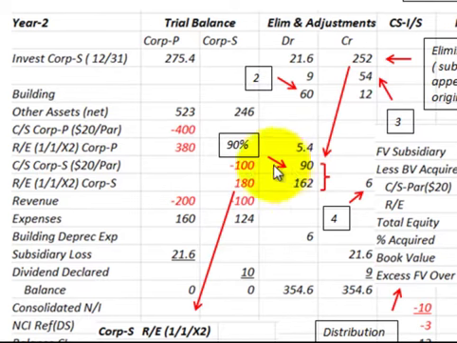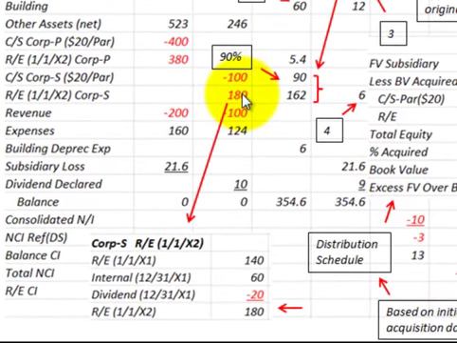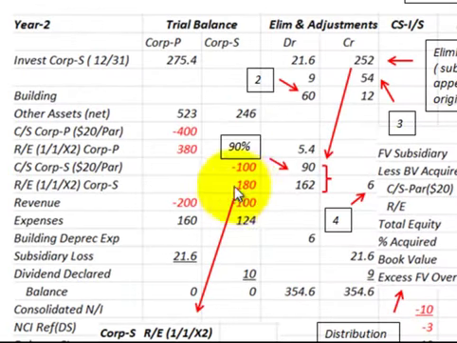So looking at first the common stock of the S Corp, we have to eliminate 90% of that. So 90% of 100,000 gives us $90,000. And then the retained earnings as of the beginning of the year, we had calculated that to be 180,000 as was shown down here. So we'd have to eliminate 90% of that, and that would be $162,000.